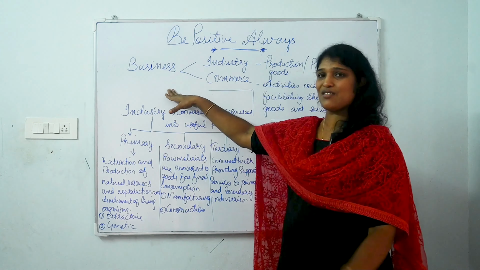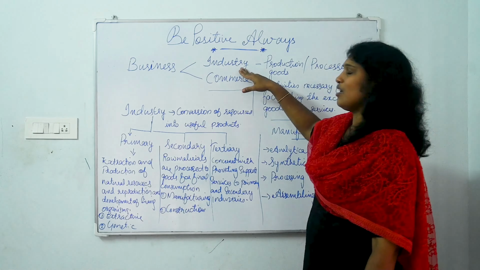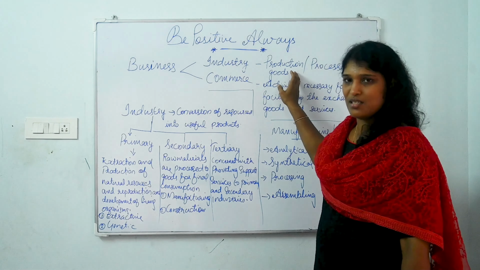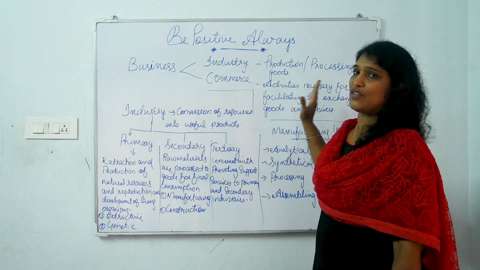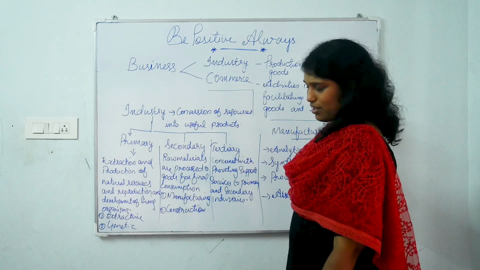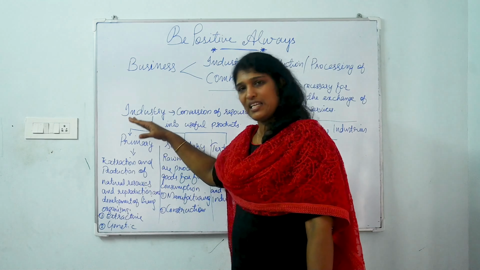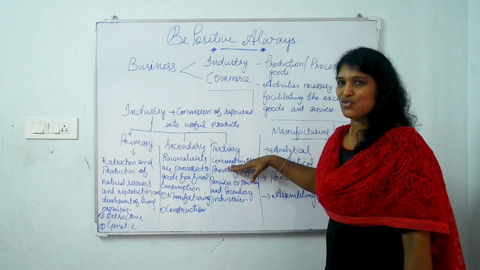Business is classified into two, industry and commerce. Industry is related with the production and processing of goods. Commerce is related to the various activities that facilitate the exchange of goods and services. Industry is classified into three: primary, secondary and tertiary industry.